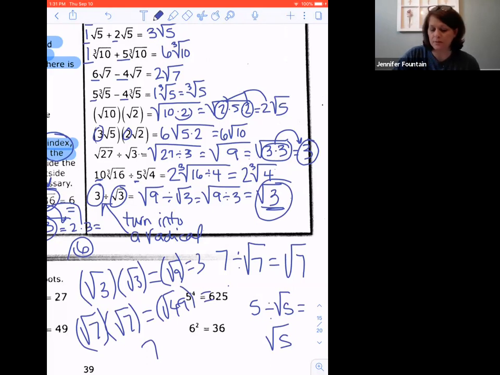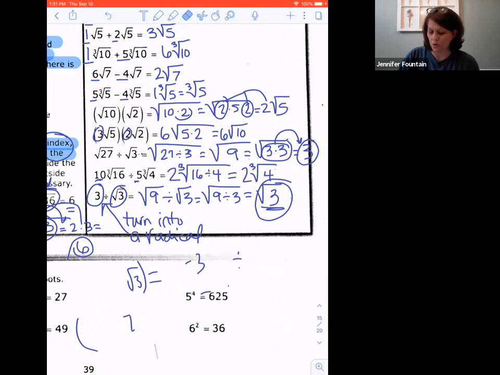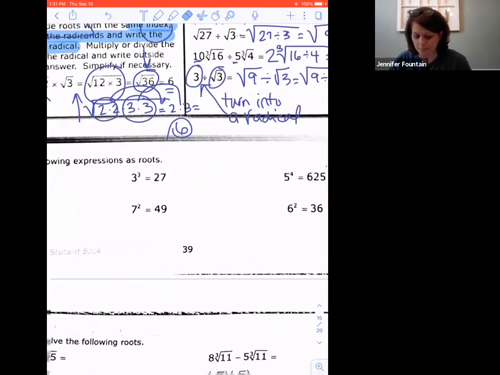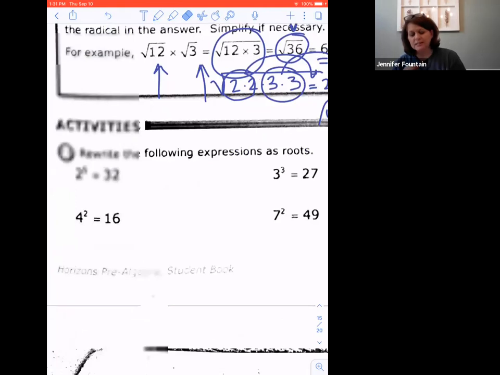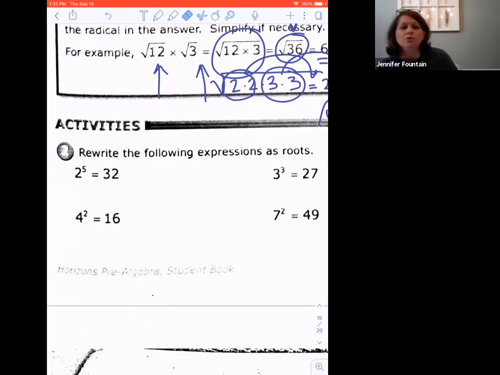So let's work some of this practice together so you can ask questions about what you're not quite understanding on your own. What I want you to do first is go ahead and do activities 2. We want to rewrite these as roots.